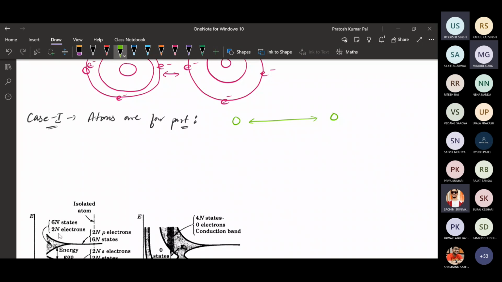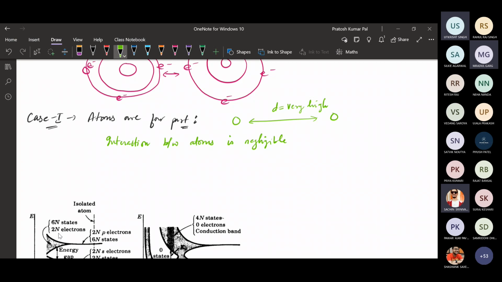So the interaction between atoms is negligible if d, the interatomic distance, is very high.